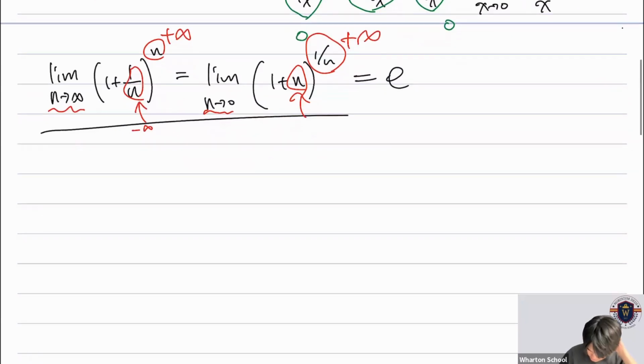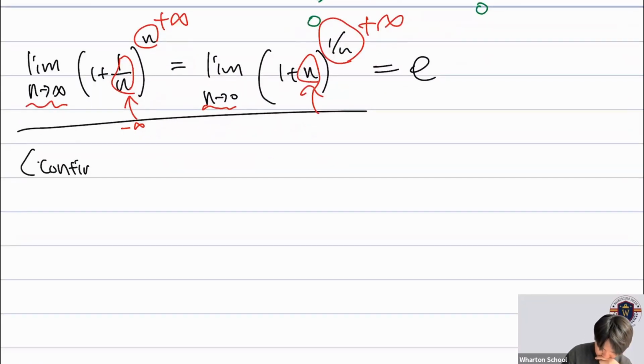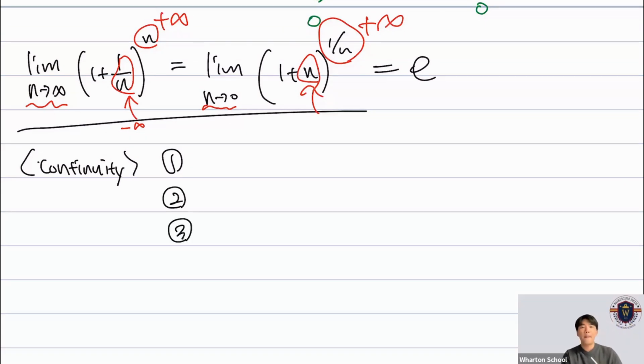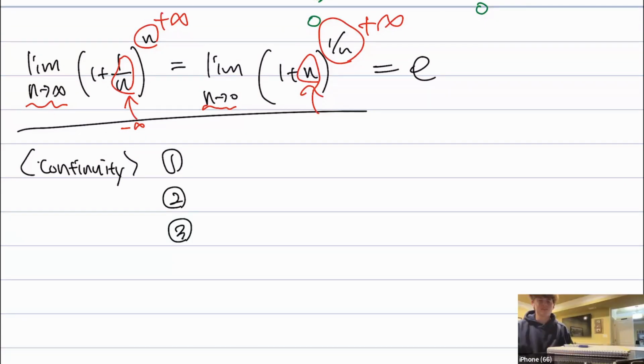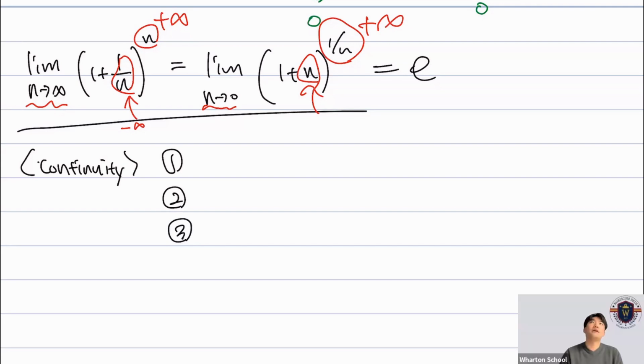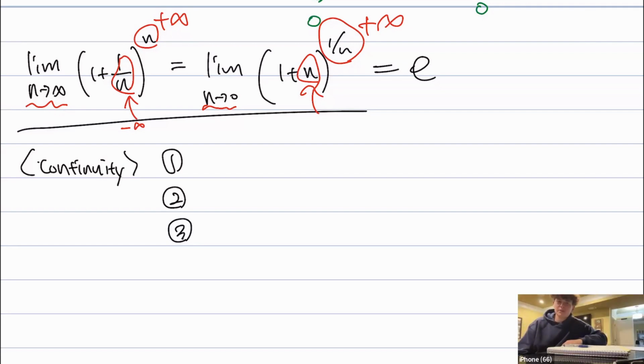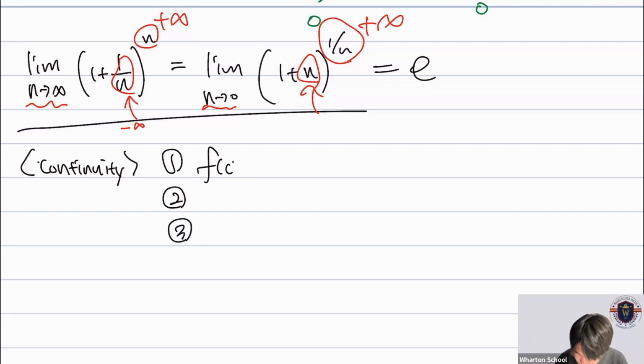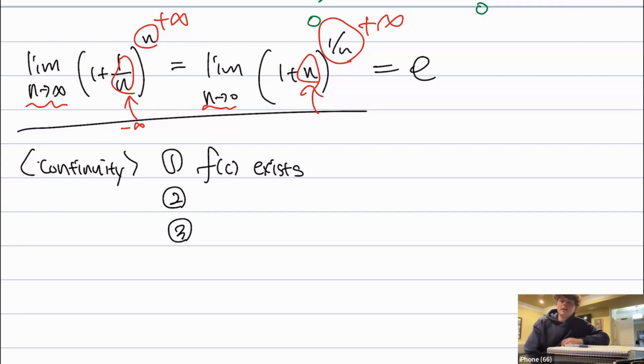All right, and the next one is continuity. Do you remember the three conditions of continuity? If it's continuous, you could draw a function without lifting your pen, right? But in terms of limit, at x equals c, the limit of f of x as x approaches c from the left and right are both the same.